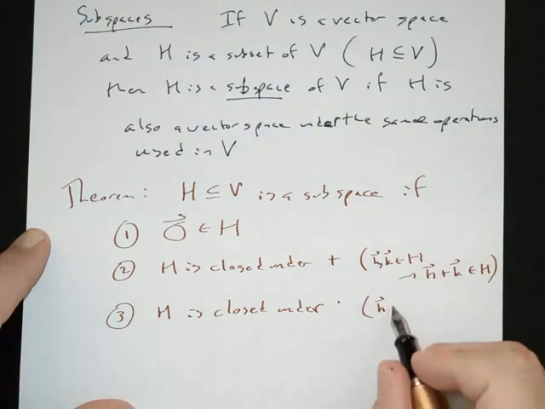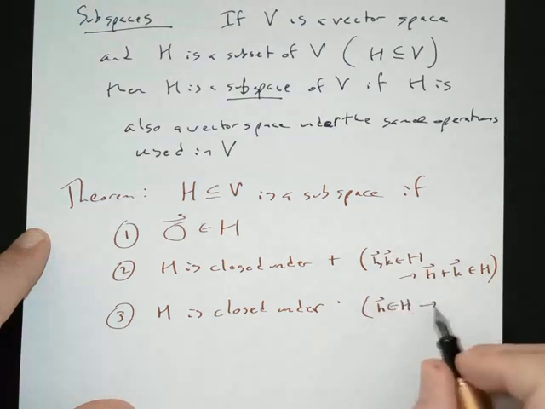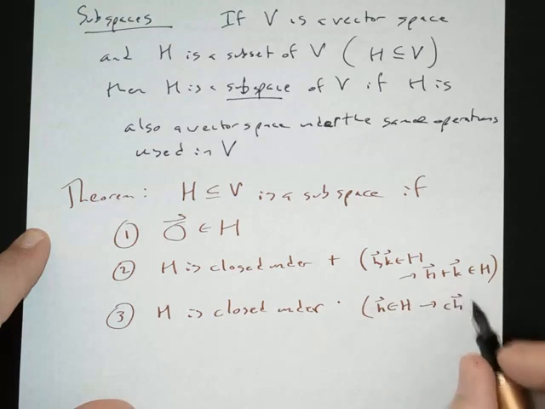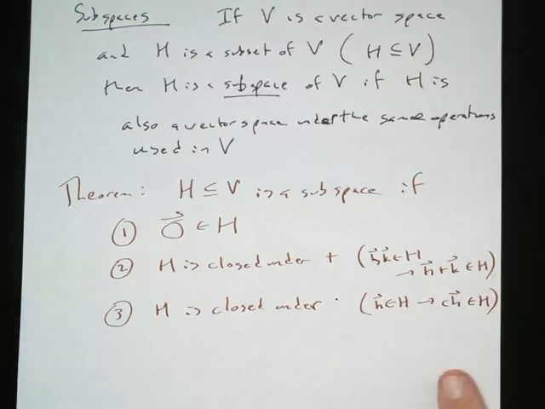To be closed under multiplication means that whenever I do cH, I stay in H. And that was the property that was broken in our last example, because as Brock pointed out, I could use the constant that was negative and then I'm not in the section I wanted to be in. It turns out that's all you have to check. You only have to check those three and nothing else.